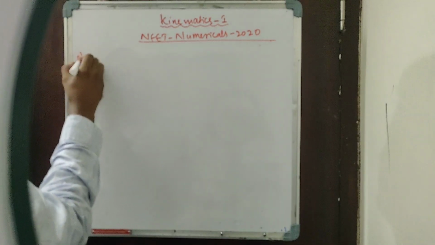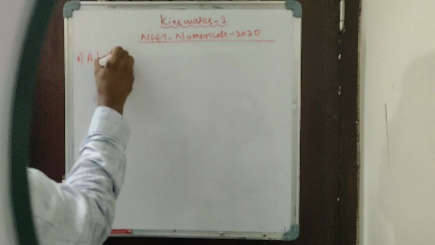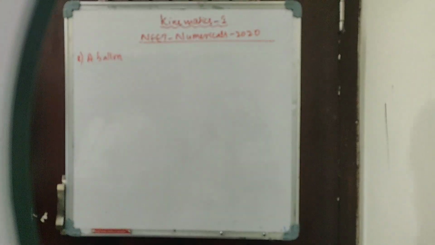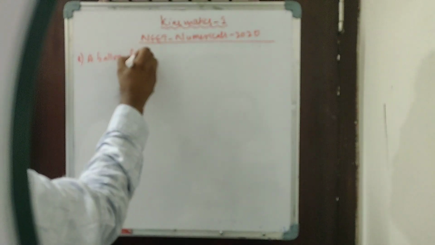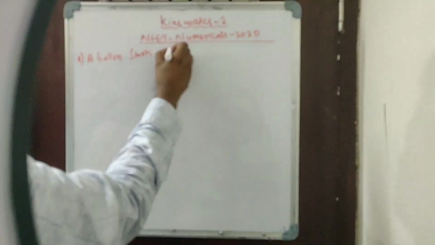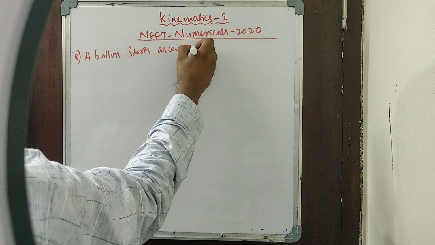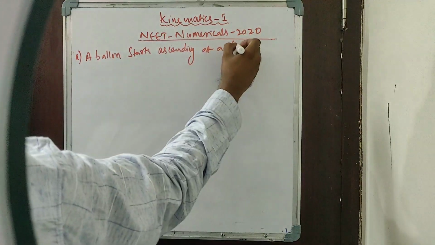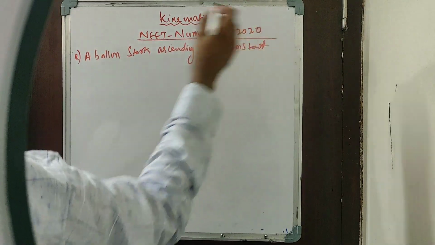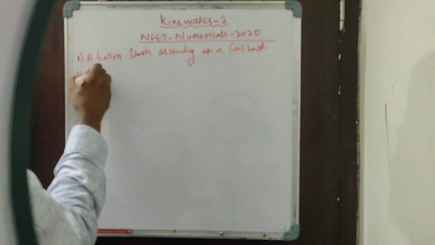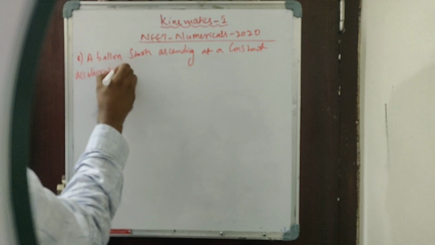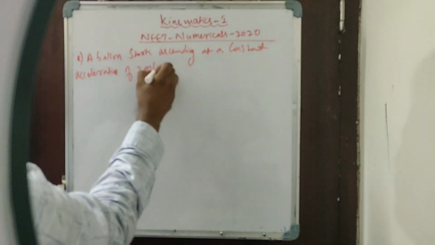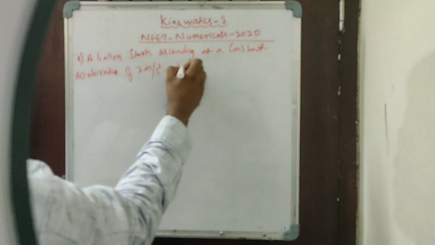Next question. A balloon starts ascending at a constant acceleration of 2 meter per second square.